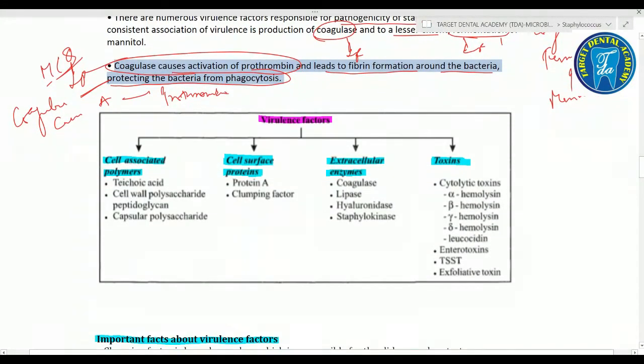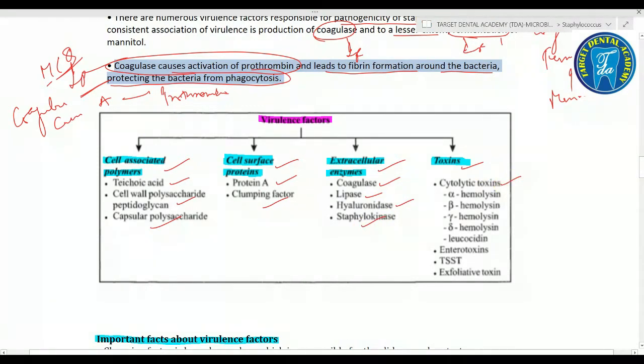Now what are the virulence factors? Cell associated polymers, cell surface proteins, extracellular enzymes and toxins. In the first one, cell associated polymers, there are teichoic acid, cell wall polysaccharide peptidoglycan, and capsular polysaccharide. Cell surface proteins are protein A and the clumping factors. The extracellular enzymes are coagulase, lipase, hyaluronidase and staphylokinase.